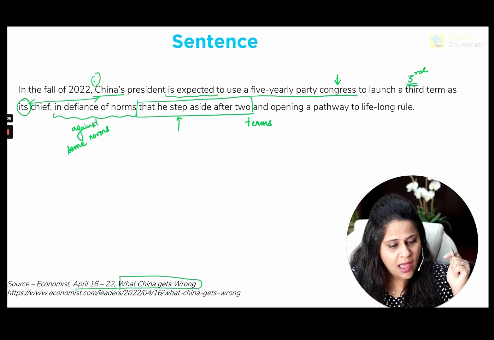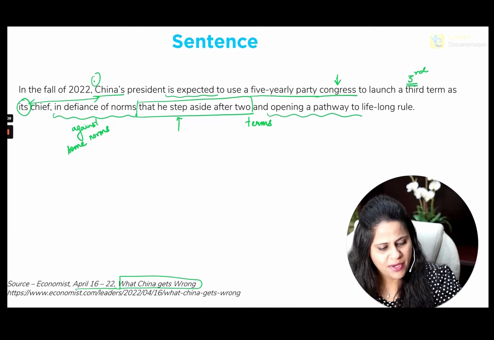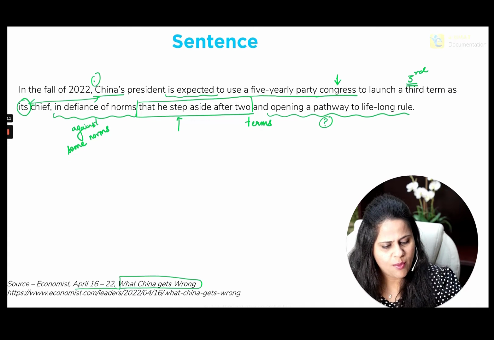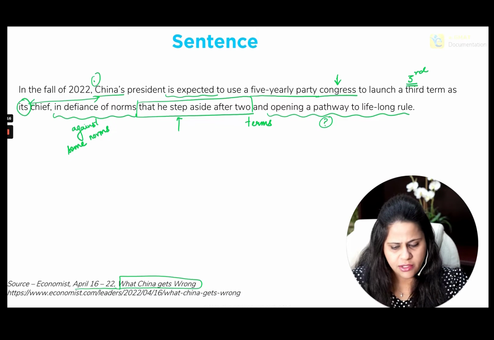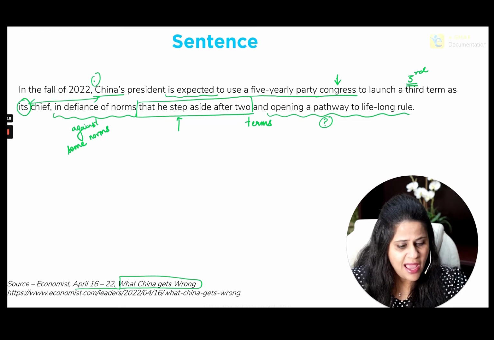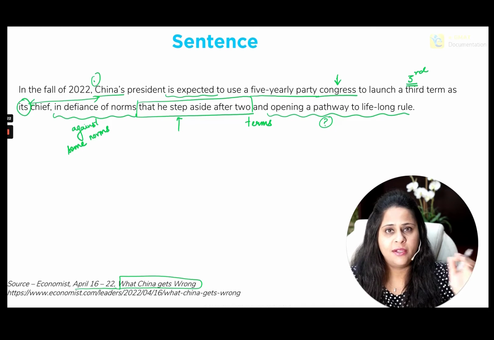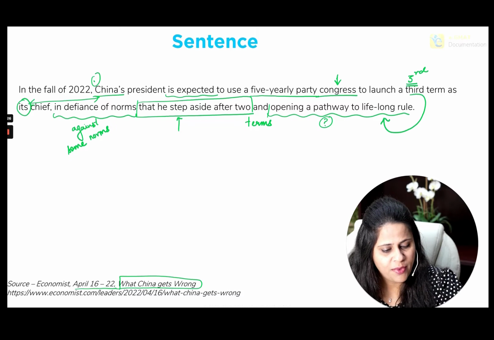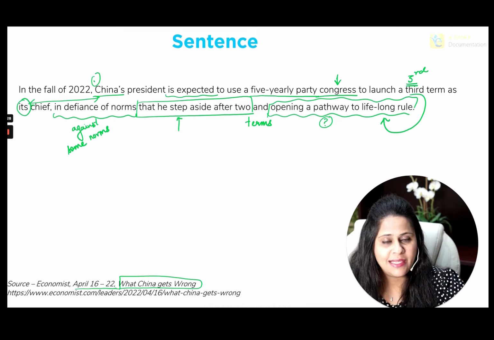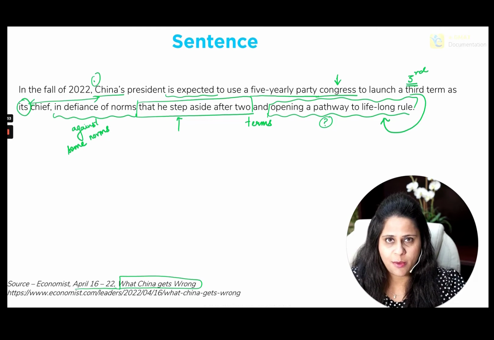"And opening a pathway to lifelong rule." Okay, what does this talk about? Let me read again. He wants to launch a third term as the chief of China, and that is going to result in opening a pathway to lifelong rule. So this entire thing, this opening of a pathway, is the effect of the plan to launch a third term as its chief.